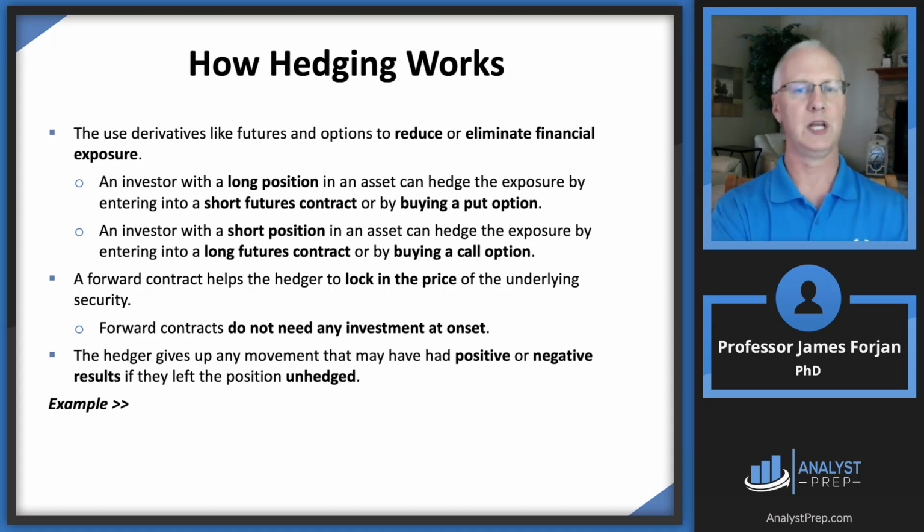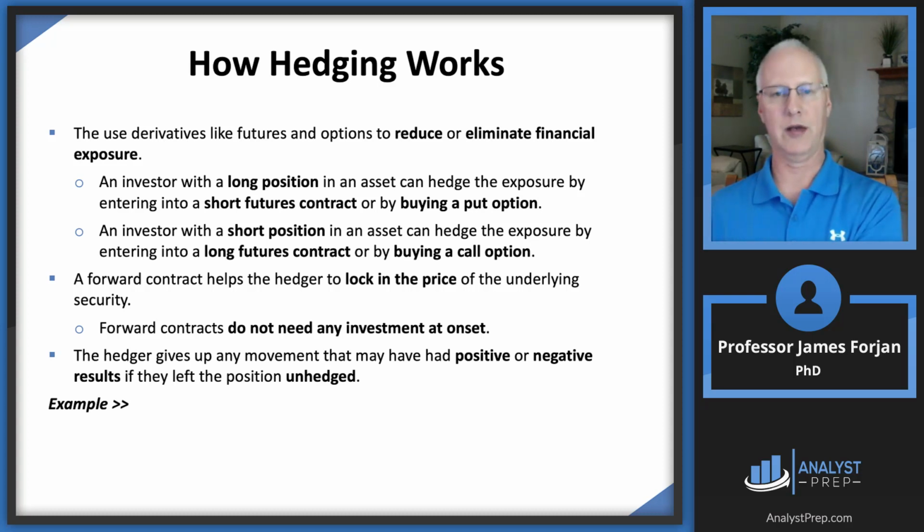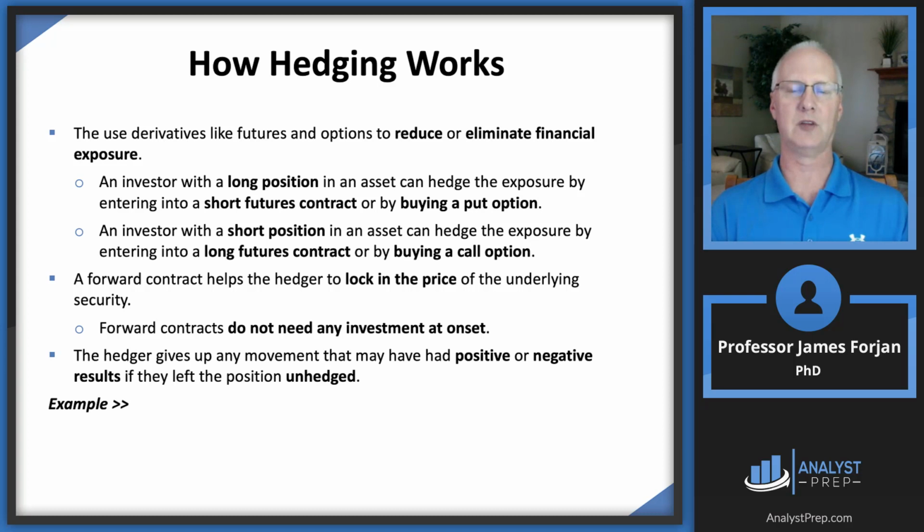So here are two bullet point examples. An investor with a long position in an asset can hedge that exposure by entering into a short position in a futures contract or buying a put option. An investor with a short position in an asset can hedge the exposure by entering into a long futures contract or buying a call option.